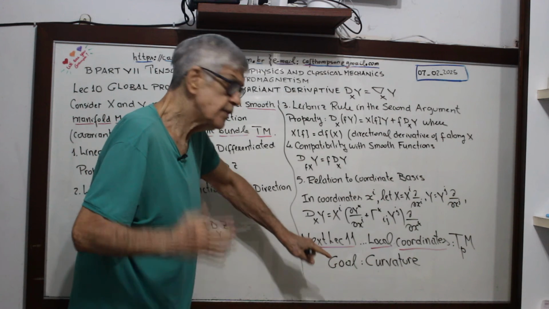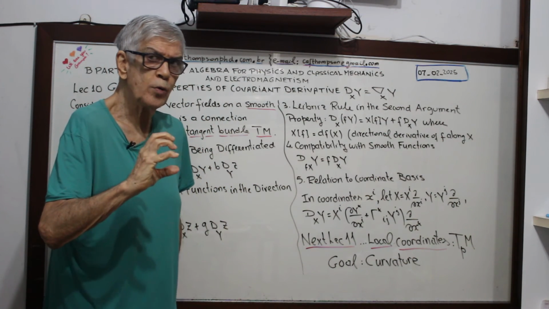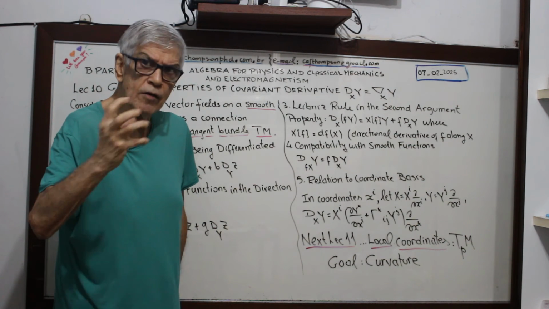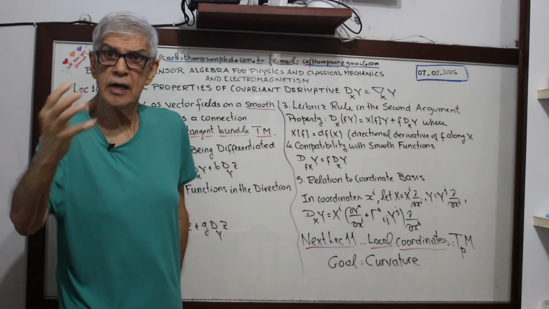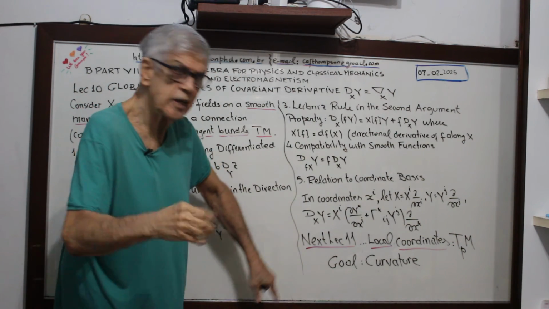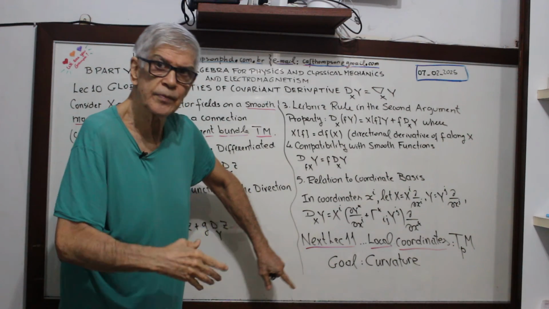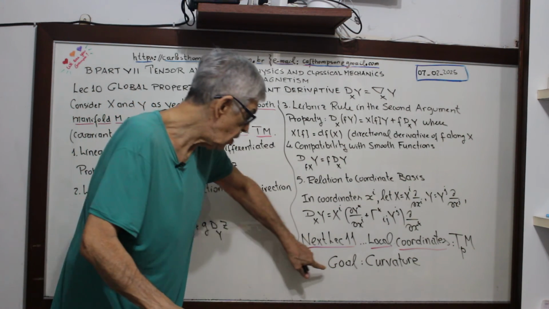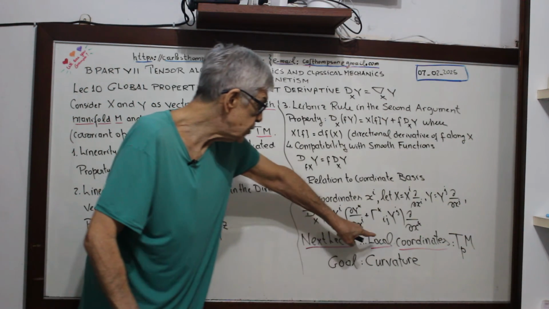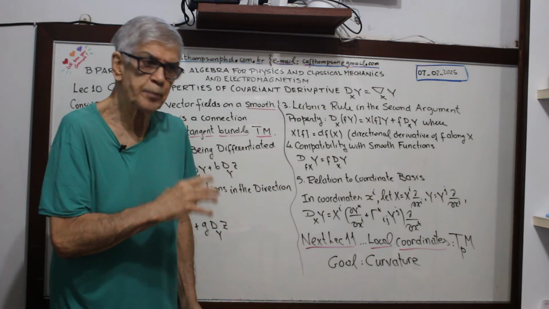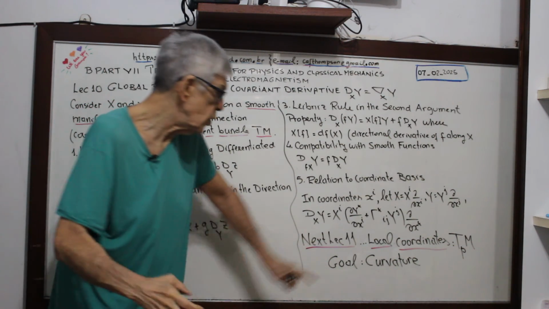So, as I said previously, our goal is to obtain the curvature, torsion, Riemann curvature, Ricci curvature, and scalar curvature. The objective, our goal, is the next lecture, lecture 11, which will derive the properties, the global properties applied to local coordinates.